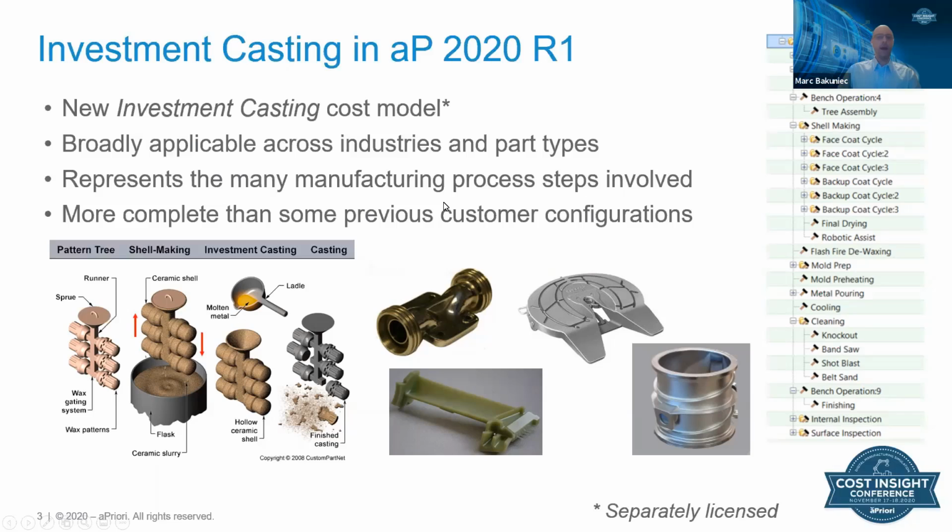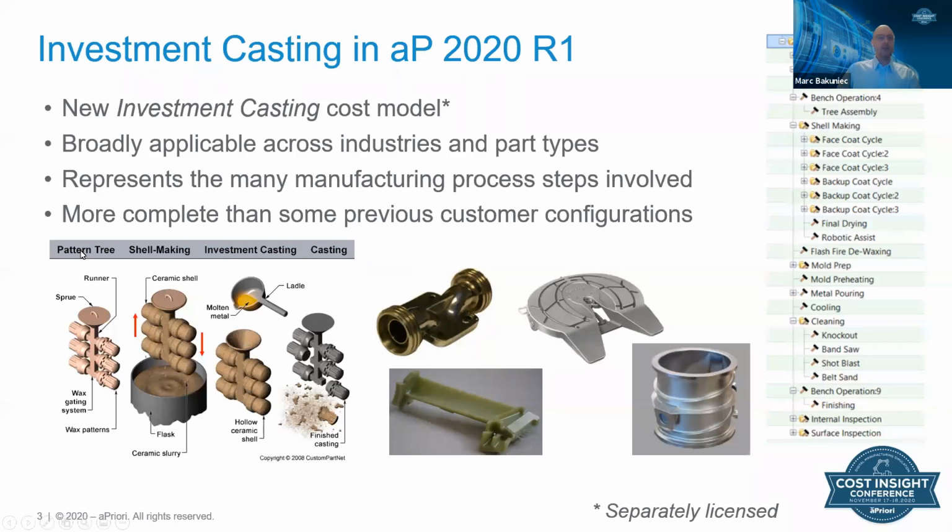And in the past, before we had an out-of-the-box cost model for investment casting, we did have some customers who had customer-specific configurations to support investment casting. And typically, of course, our newest cost model is more complete than some of the previous customer configurations. Personally, I have one customer who actually has switched from their customer configuration to the A Priori out-of-the-box investment casting cost model.